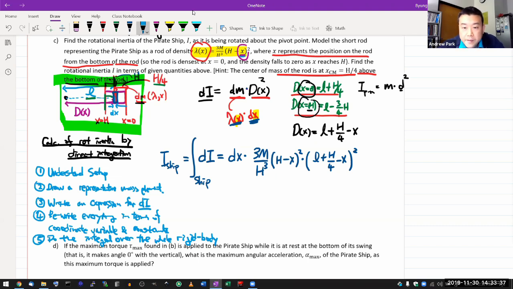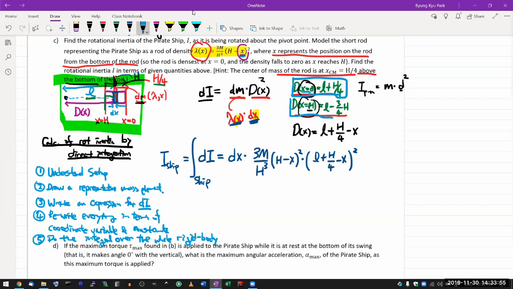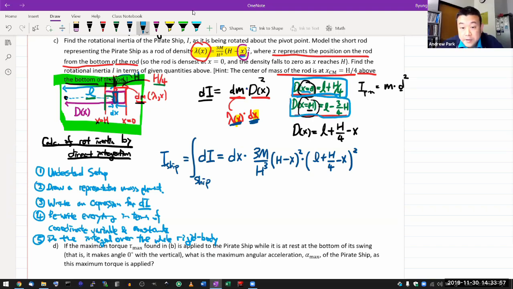I think what I can guide everyone to is writing down this expression, that at x equals 0, this is the correct distance, and that this is the correct expression for the other end of the pirate ship, that at this end this gives the correct distance.